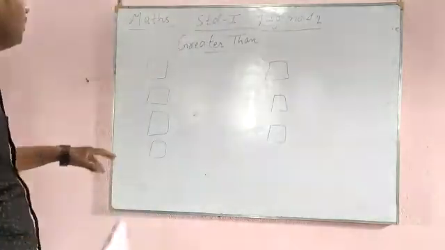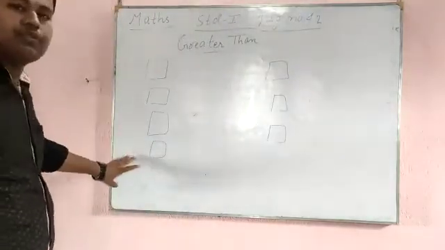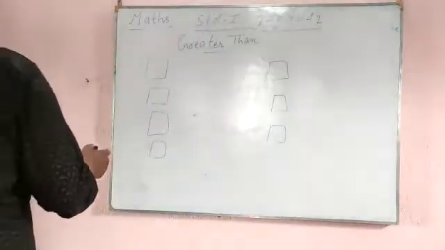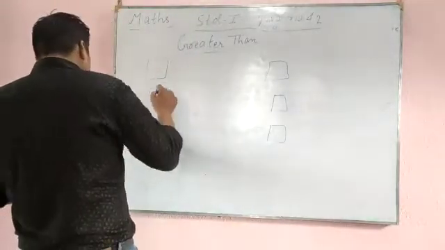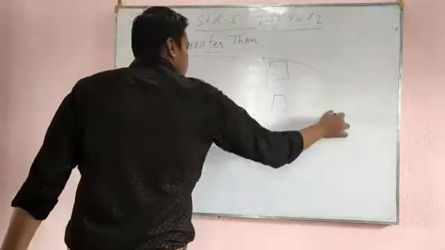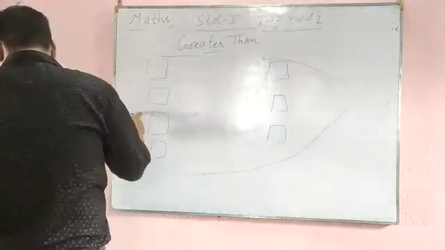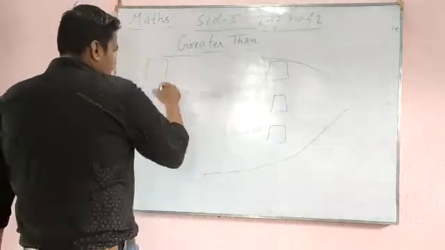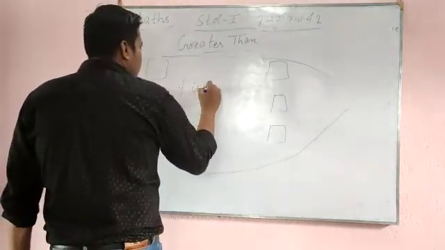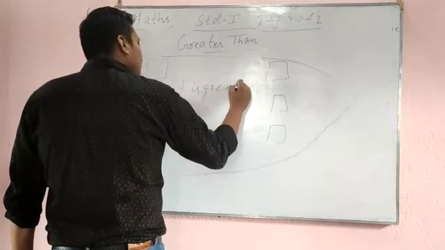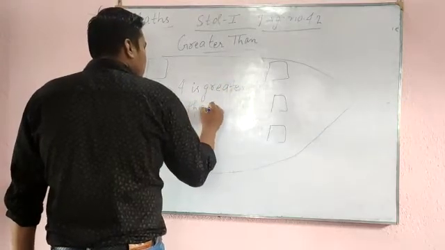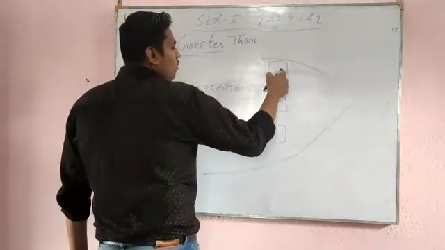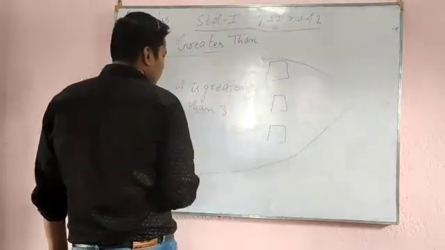Another example, 1, 2, 3, 4 and 1, 2, 3. Now which is greater? This one is greater. This is greater than this. It means 4 is greater than 3.